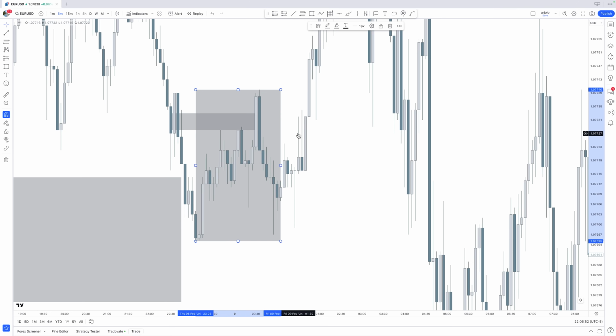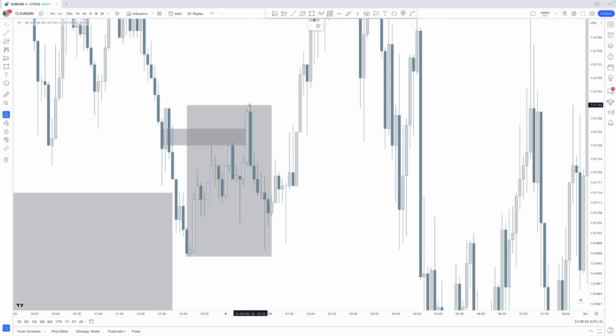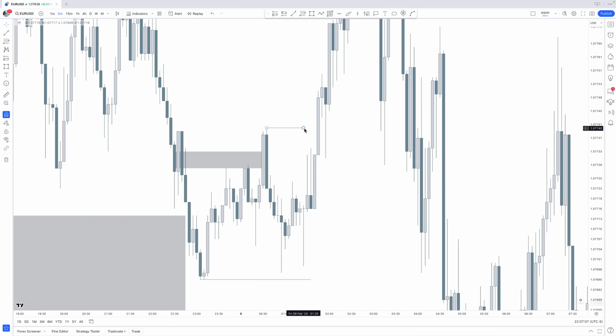All right, the action plan. We set our alerts. Alerts above the highs, alerts below the lows right there. We wait for either one of them to go off. And when one of them goes off, we want to see a body close above those highs that we are currently having, and ideally a fair value gap right there going above the high.